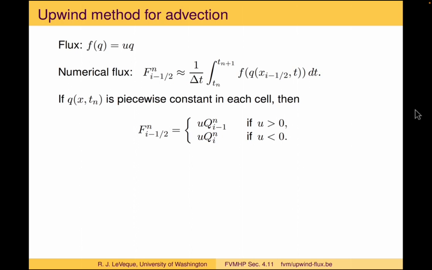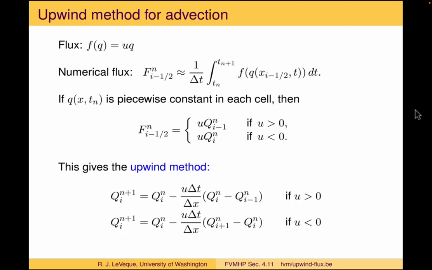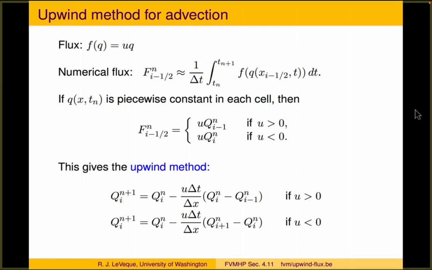So going back again to the advection equation, where the flux is just uq, the Riemann solution depends on whether u is positive or negative. If u is positive, for example, then the Riemann solution has a single wave that's moving to the right.